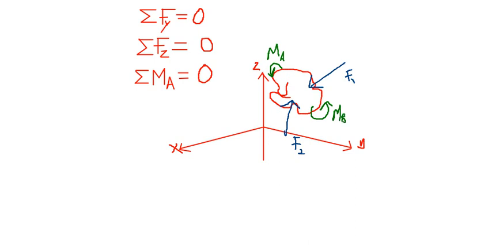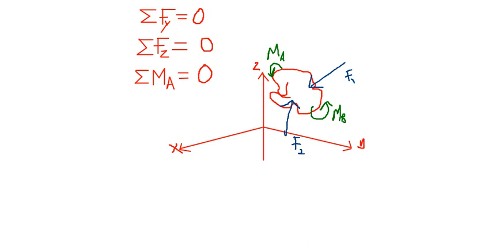So what we mean when we say a body is in equilibrium, the vector sum of these two forces, F1 and F2, should be 0. Hear me guys, I'm talking about a vector sum, not a scalar sum, because in order to use these equations, we'll need to break up these forces F1 and F2 into their components.